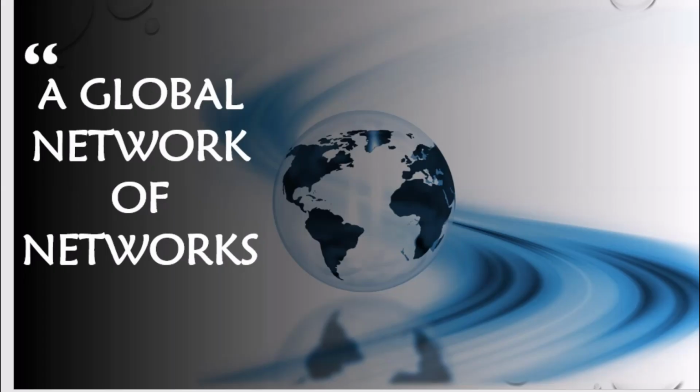It's that simple. You can also say or define the internet as a global network of networks. That's the simplest definition you can give, which is very right on that matter.